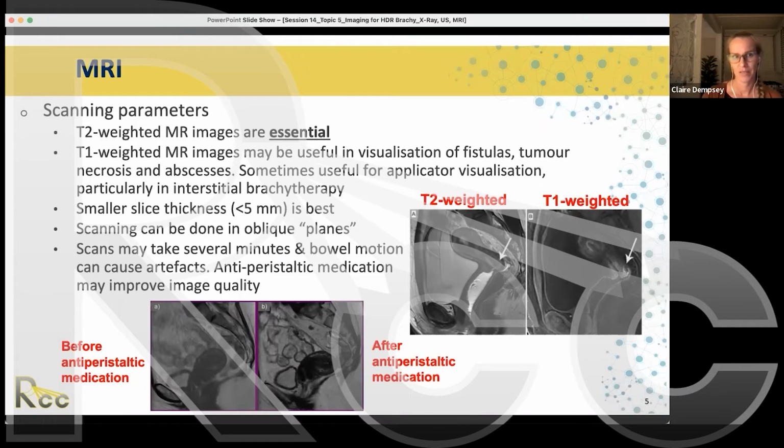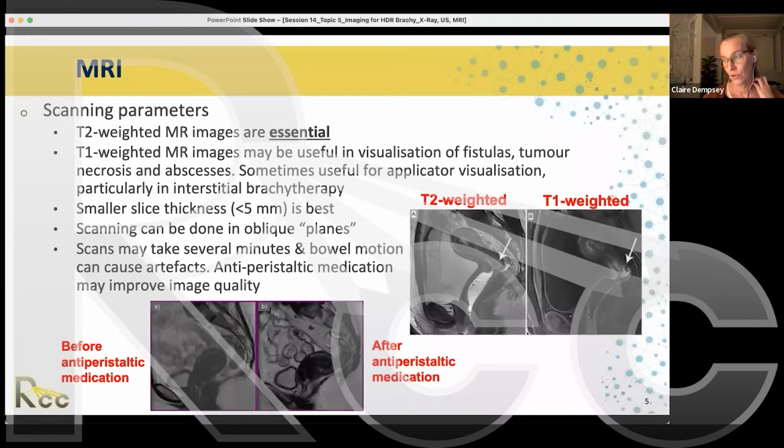So in my department, when we scan our brachy patients with MRI, we take the image set in the plane of the applicator rather than in the plane of the patient. That means that when we reconstruct our applicator and look at our images, they're already in the plane of the applicator, and it makes everything so much simpler than having to rotate images to see your applicator better. So that's another advantage of MRI, scanning in those oblique planes.